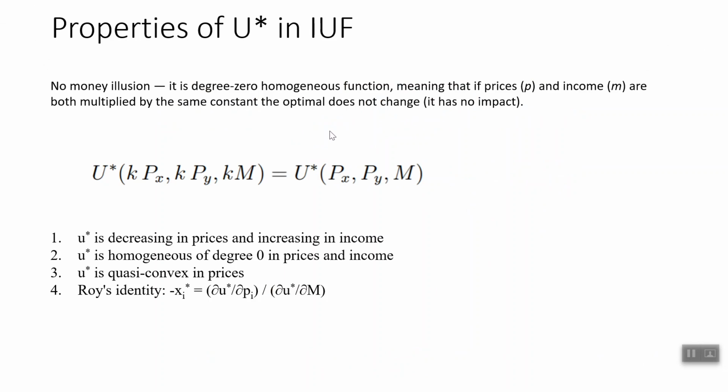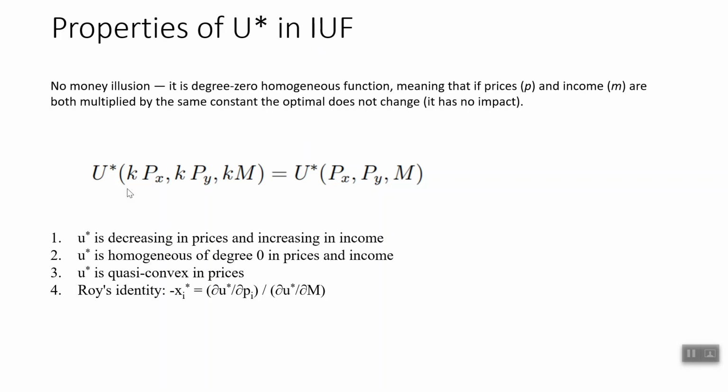Let's see the properties of the indirect utility function. U*, what you are seeing here, is the maximum utility, written in terms of the indirect utility function. In the properties of the indirect utility function, there is no money illusion, so it is a homogeneous function of degree 0. That means if prices p and income m are both multiplied by the same constant, the optimum doesn't change.